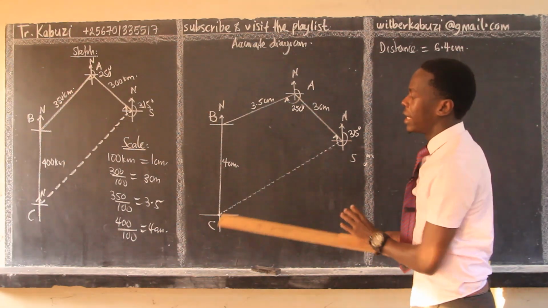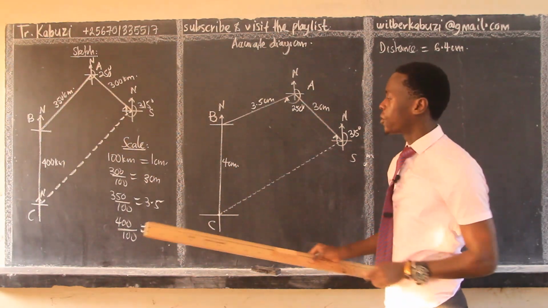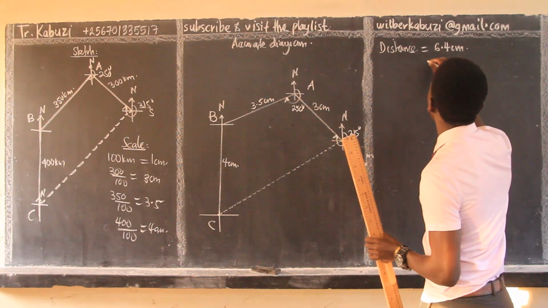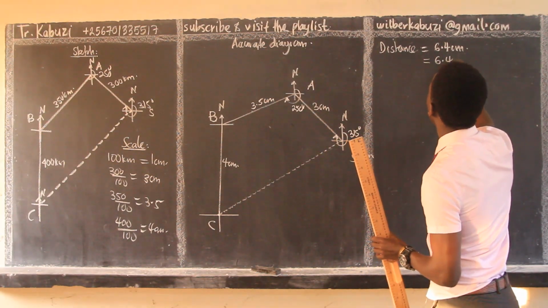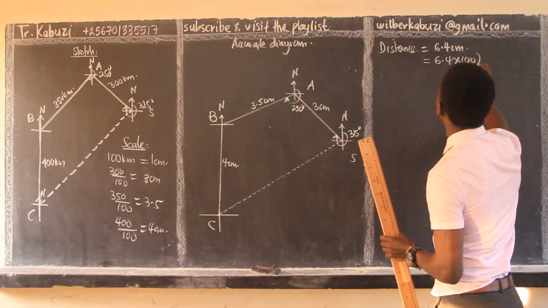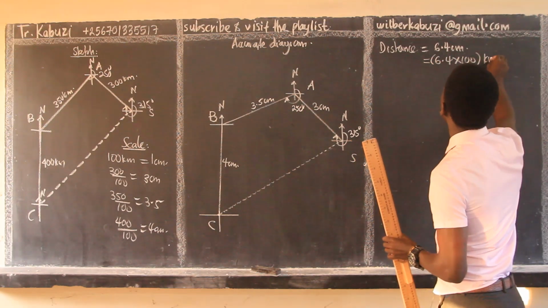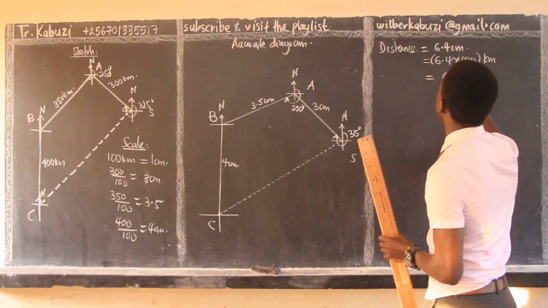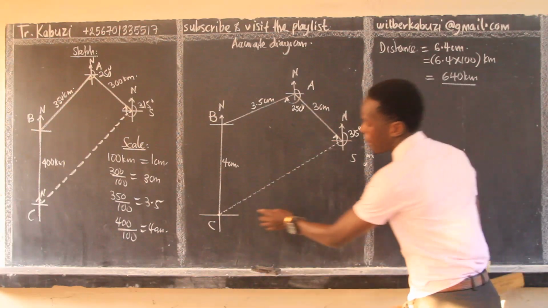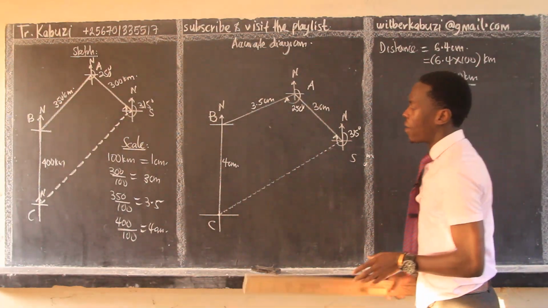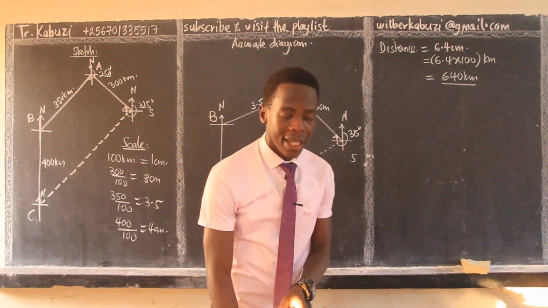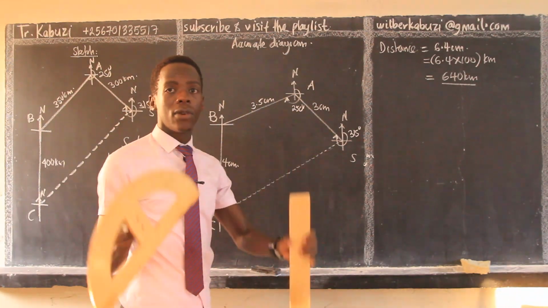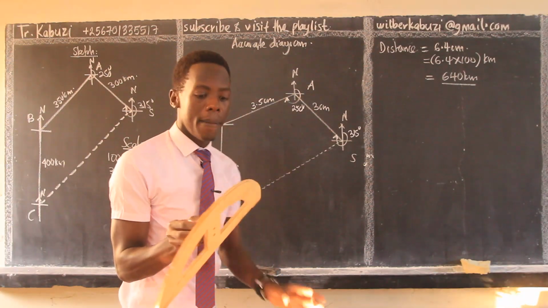But remember, the distance was in kilometers, so we multiply with our scale. So we get 6.4 times 100, which is now in kilometers and gives us 640 kilometers. So this is the shortest distance they are going to travel back. Now they also want us to get, at C, what direction they are going to set. So you will measure the bearing using a protractor.